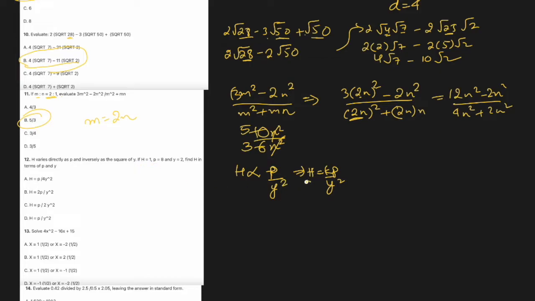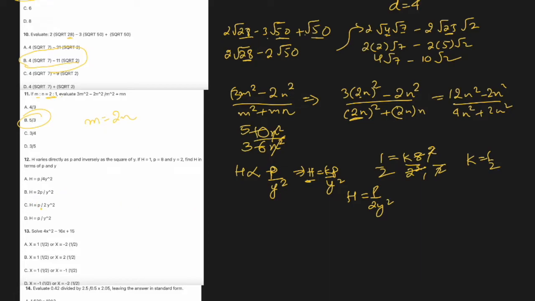If H is 1, P is 8 and Y is 2, find H in terms of P and Y. So this will give us K's value. 2 square is 4 times 2 is 8. So K comes out to be, divide both sides by 2 here and here, K is half. So your equation becomes H is equal to half the P over 2y square.